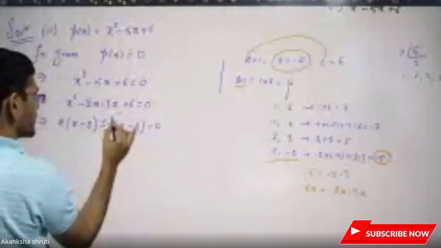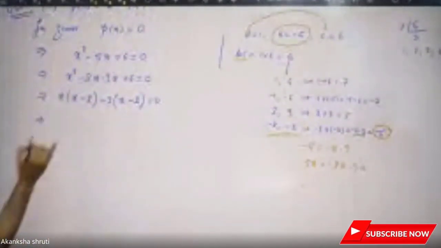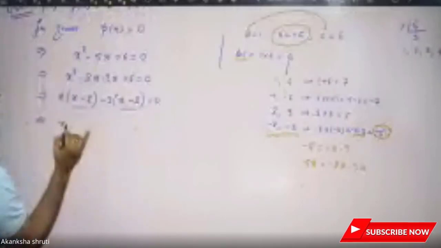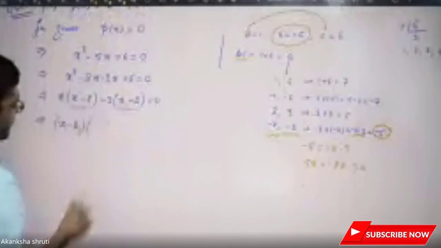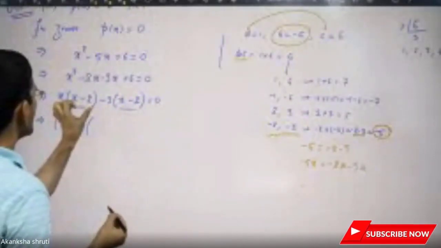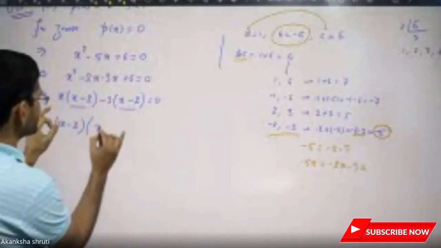It is very important. All the students are advised to listen to it again and again. Any doubt, then please ask. Now this entire bracket is common. Take x minus 2 entire bracket outside. Now for this we will open the other bracket. So from this first term, x minus 2 is out, so only x is left.